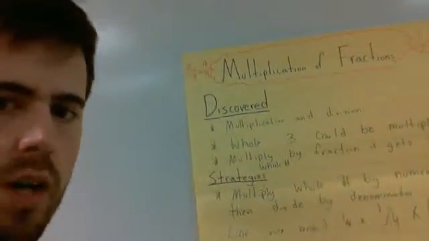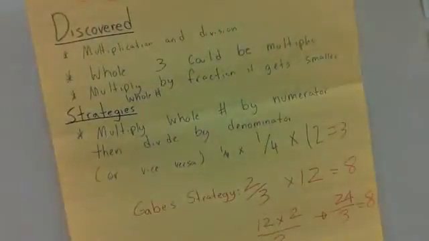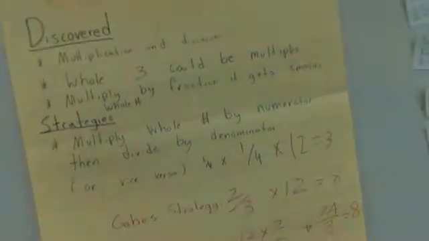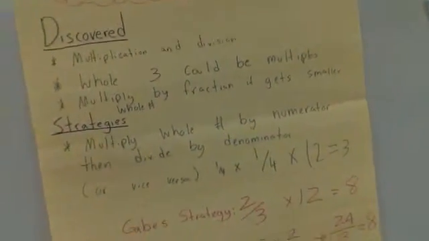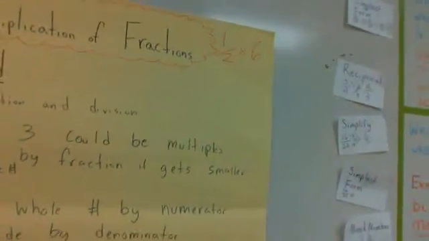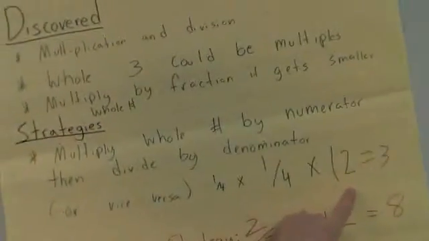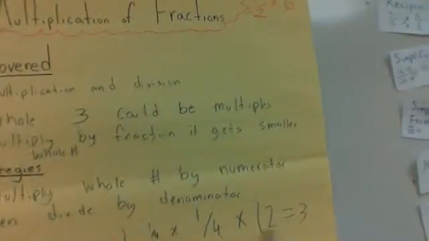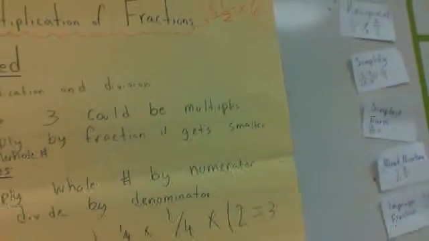Some of the things that we discovered was that multiplying fractions with whole numbers is related to multiplication and division. Also, I think this was Gabe's strategy, he noticed that when we multiplied times 1/4, there was something about dividing it by the 4 to get the 3.